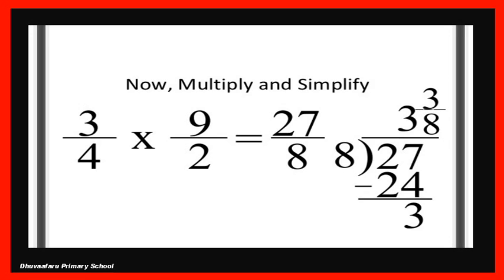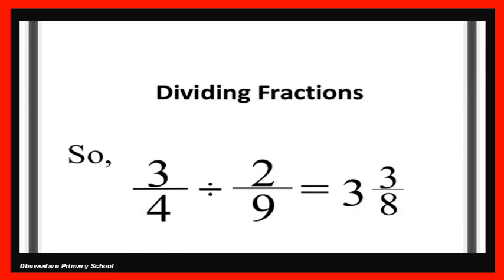When we subtract 27 minus 24, the answer is 3. So you have to write the answer as a mixed fraction, which is 3 and 3 by 8. So 3 by 4 divided by 2/9 equal to 3 and 3 by 8.